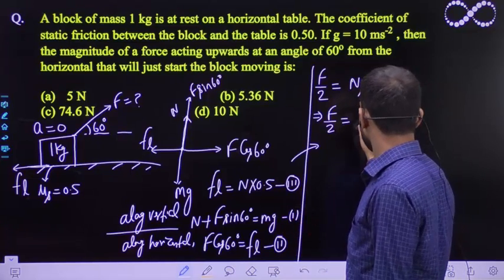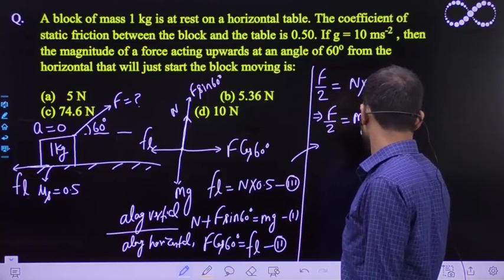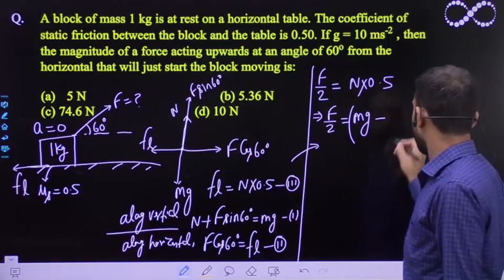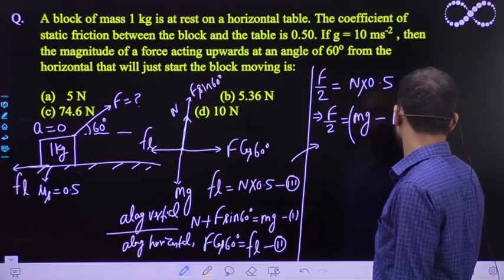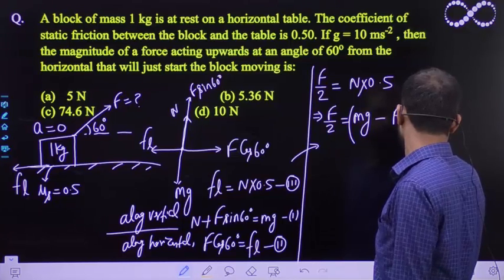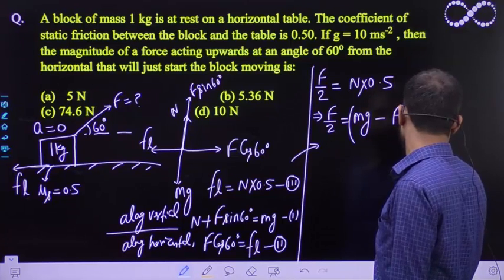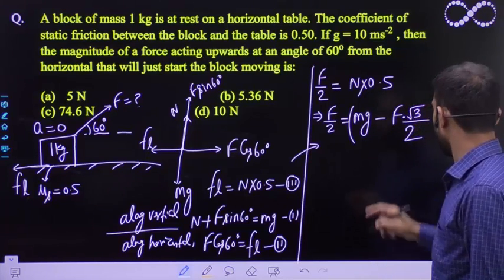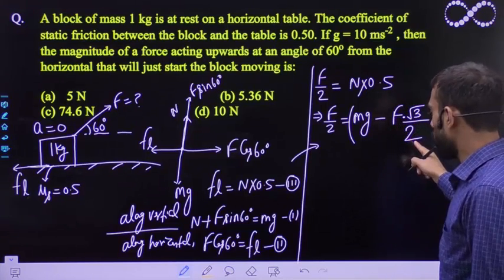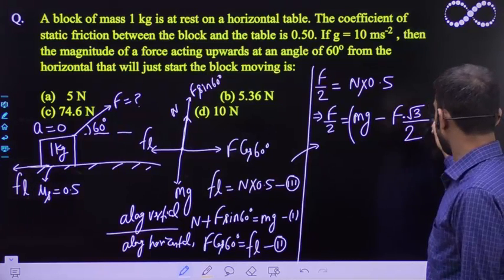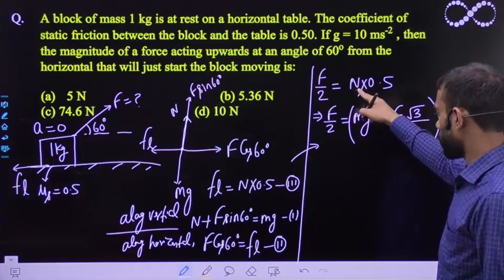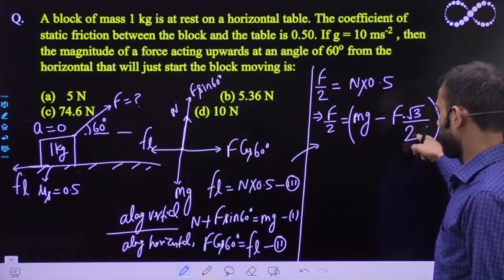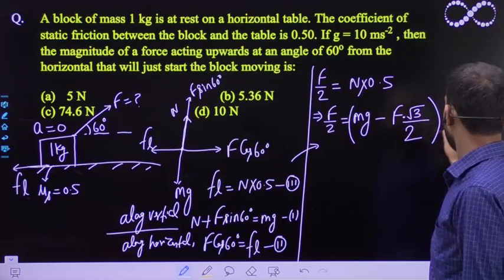So N is nothing but mg minus F sin 60, and sin 60 is root 3 by 2. So this is the value of N, mg minus F sin 60, into 0.5.